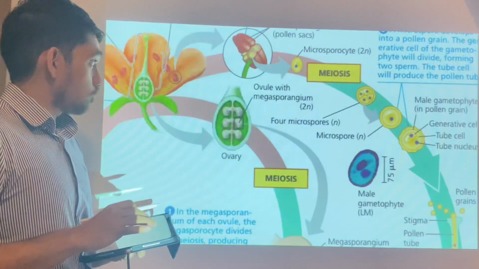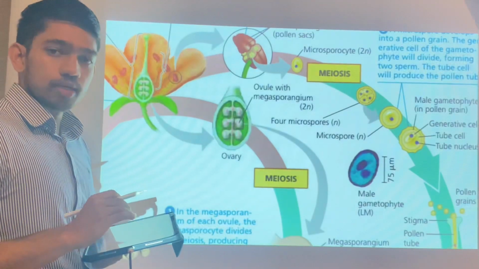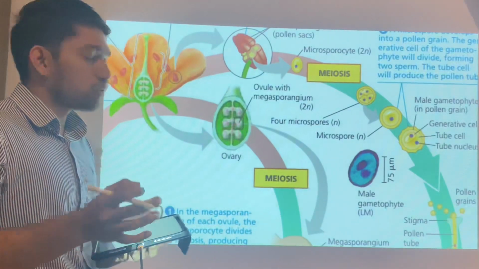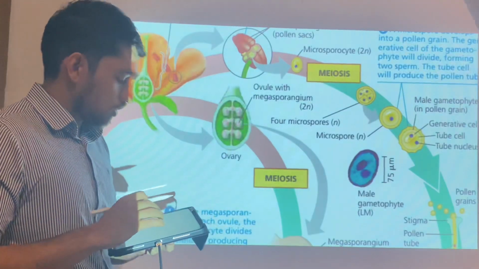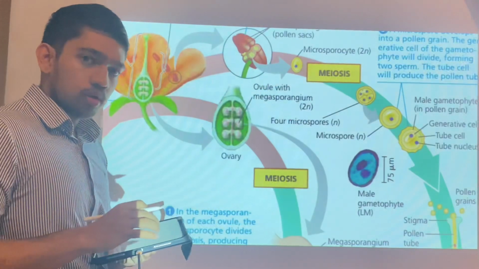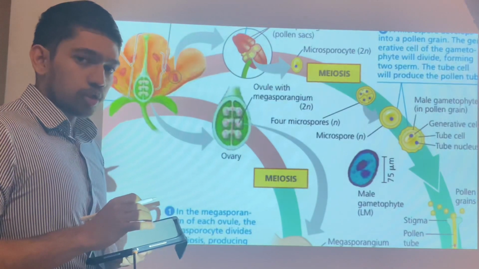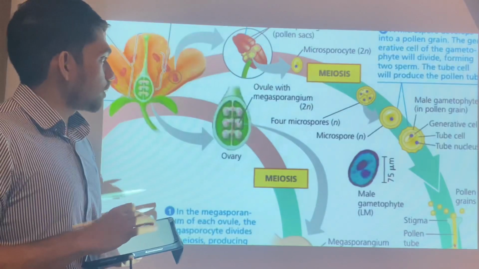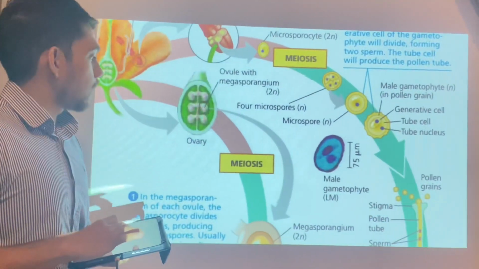The ovary encloses the ovules, and the ovules themselves enclose what? The megasporangium. If you remember, the megasporangium is the reproductive organ of the sporophyte that will give rise to a megaspore.